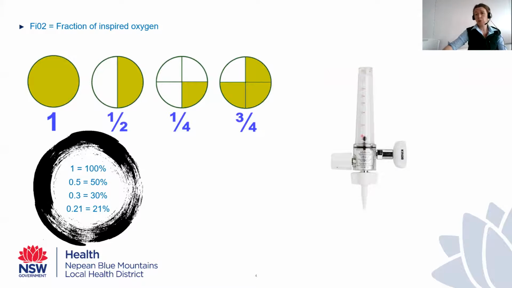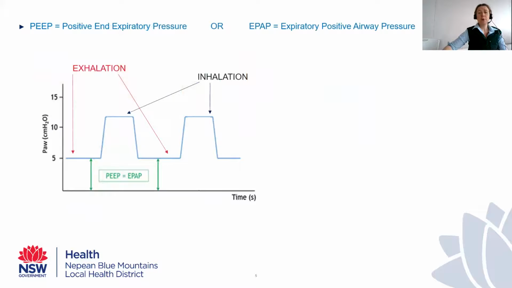But in some cases it won't do that. So you'll just have the flow meter set and you'll change that litres per minute up or down according to an end result. And by that I mean saturation. So you'll titrate that according to whatever your order is. So it might be 90%, 88% or 92%. You'll move the oxygen up or down. So PEEP. PEEP is the pressure that we apply at end of expiration.